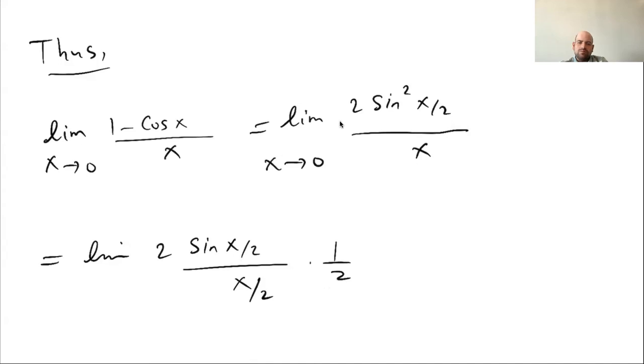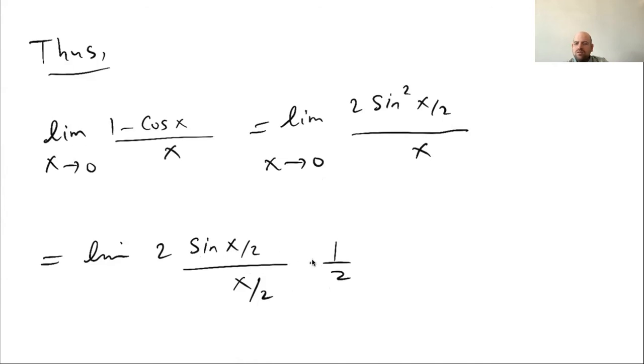Well, 2 is 2, right? Sine x over 2. I know that I have sine squared x over 2, but just bear with me. I wrote one of the factors here, sine x over 2, and here over x over 2. Right, so in this x, I'm changing it to x over 2, which means basically I'm multiplying by 2, because 1 over 2 is 2.